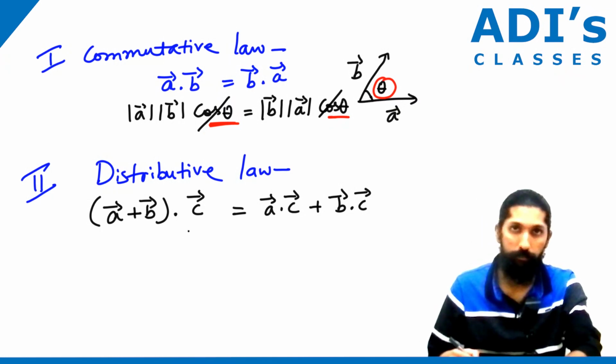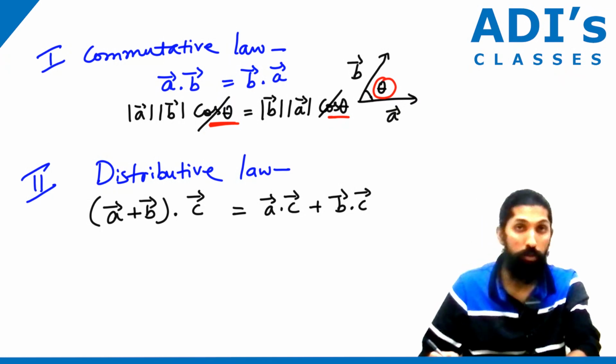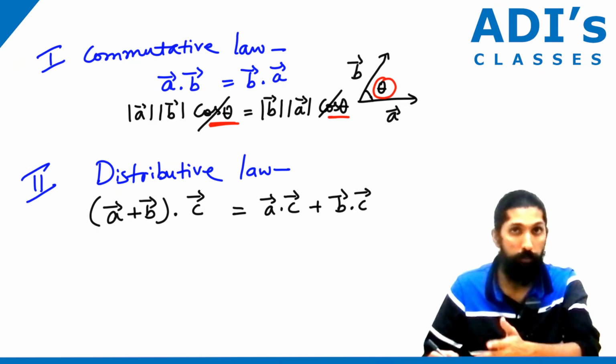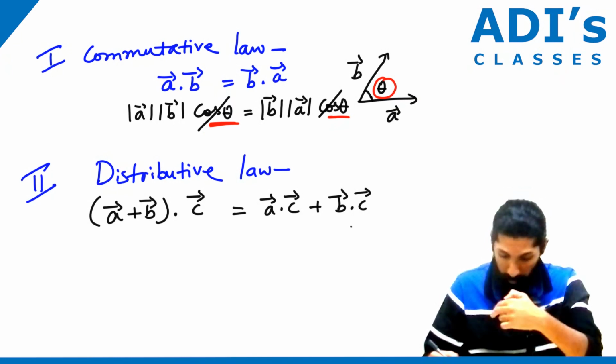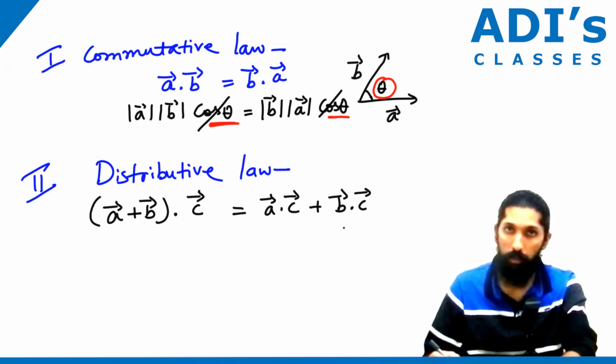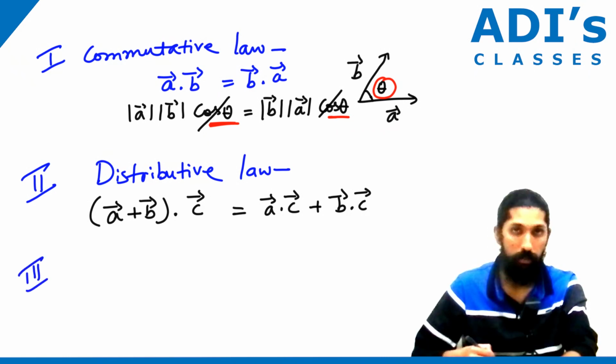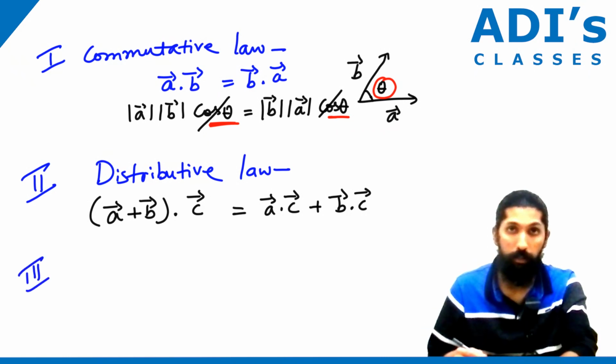Fine. So this holds good. But you can't do A dot C plus B is equal to A plus B dot. No, that is not possible. This is possible. Clear?